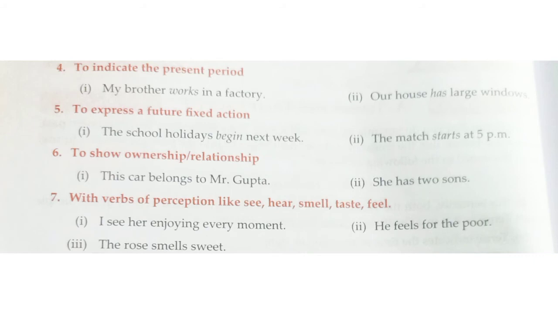So whenever we want to express ownership or relationship, we use the present indefinite. Then, with the verbs of perception, like see, hear, smell, taste and feel, we use the present, like "I see her."